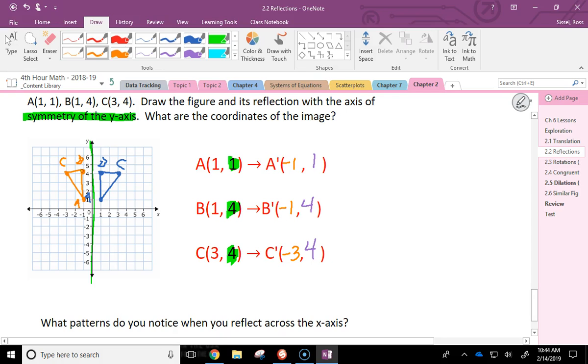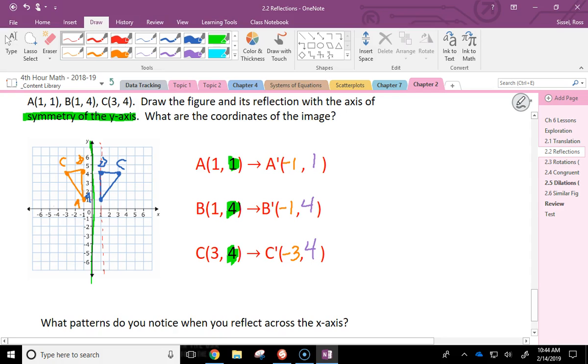No. So what I'm saying is, what if I asked you to make the line of symmetry, let's say on this blue triangle, right here. And I asked you to do it at positive 1.